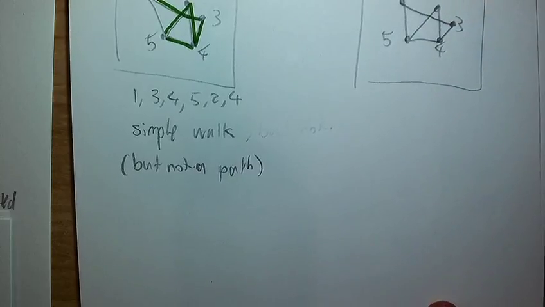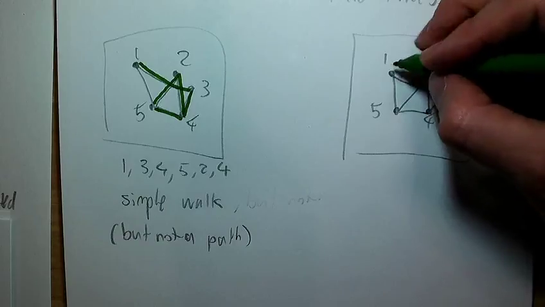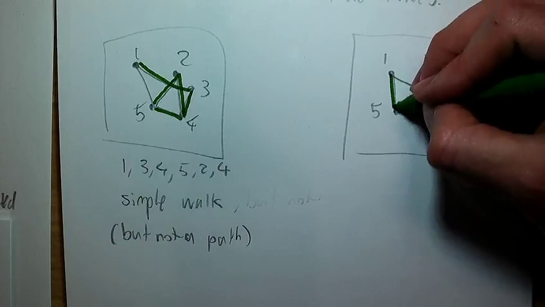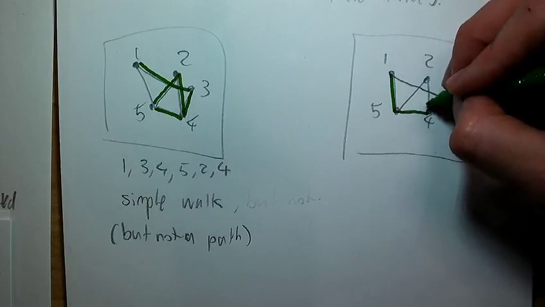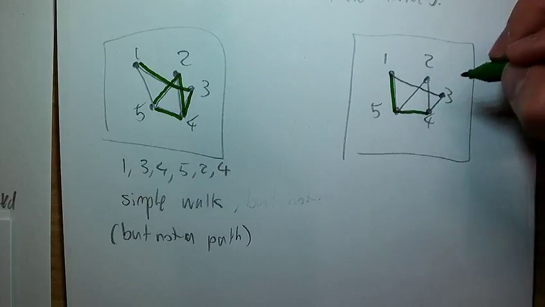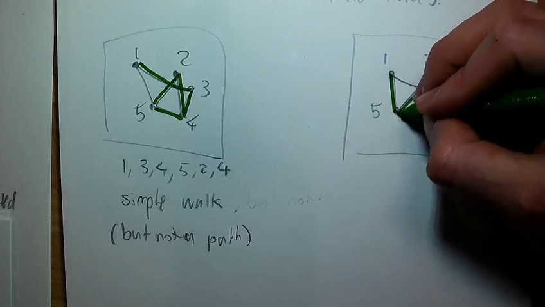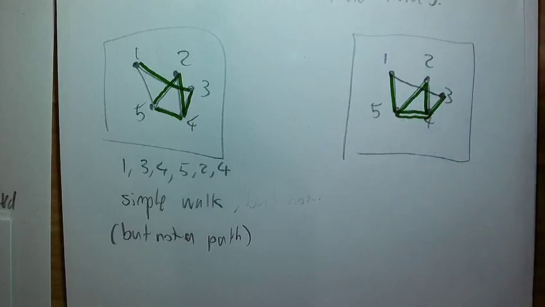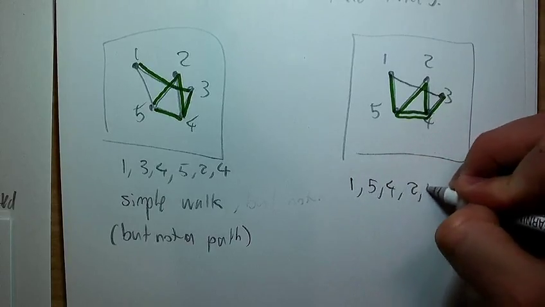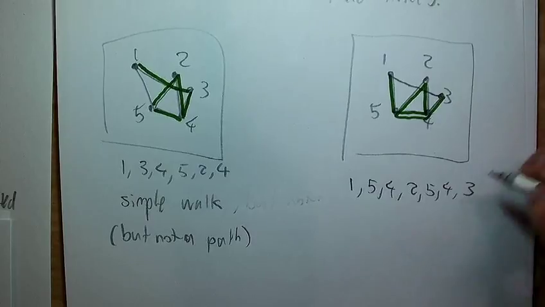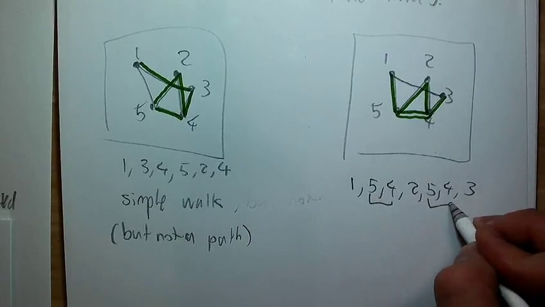If I just do the same graph again, this one would be: 1, 5, 4, 2, 5, 4, 3. This edge is there twice.